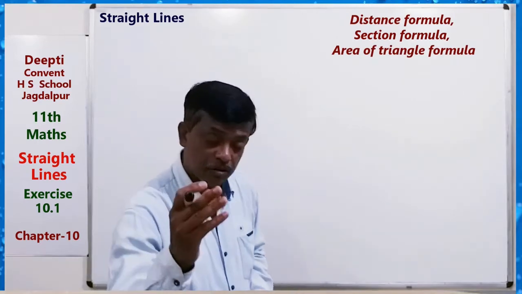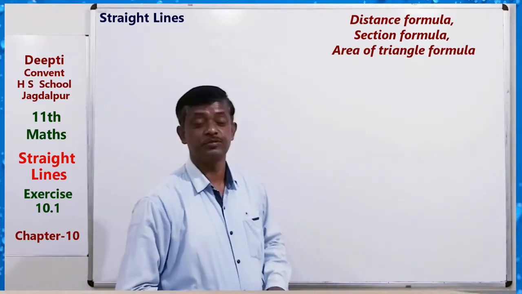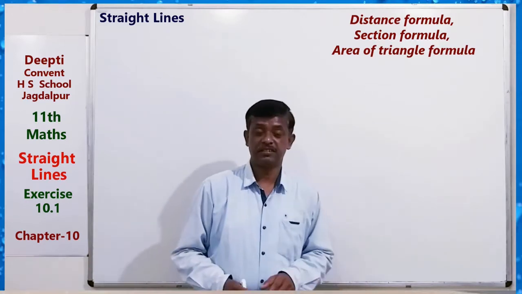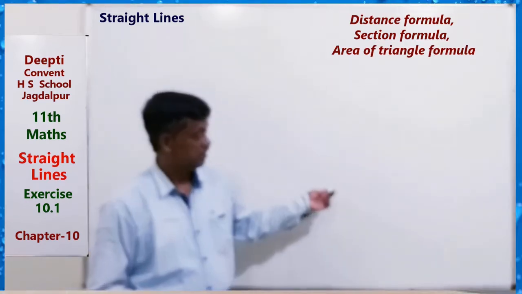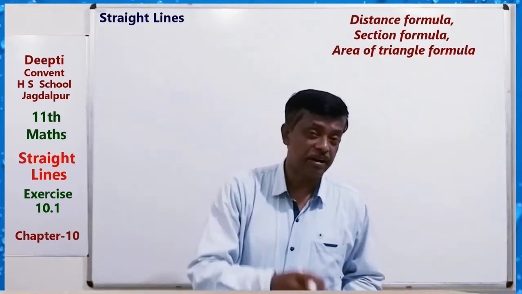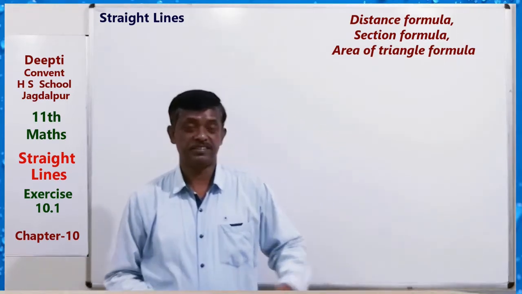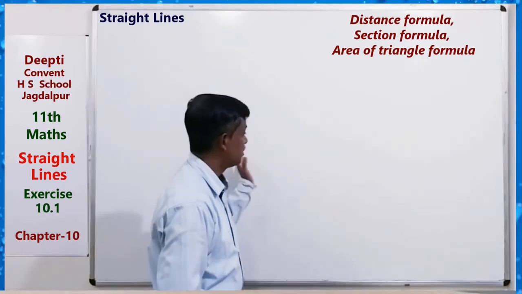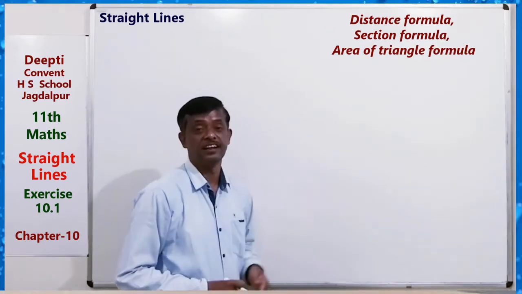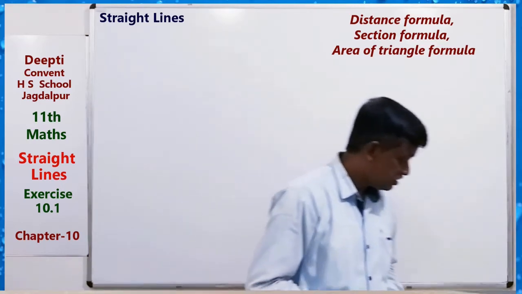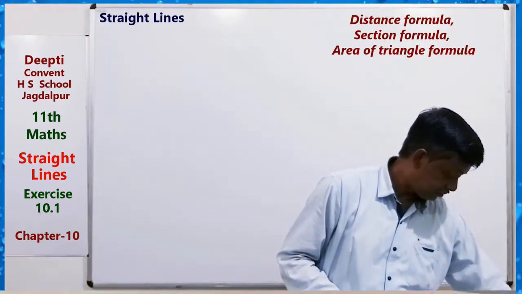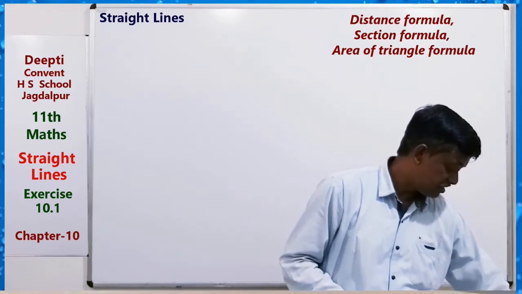Coordinate geometry means we study figures in a plane using algebra, the study of geometry using algebra. So our first item is the straight line. Chapter 10 is straight line.